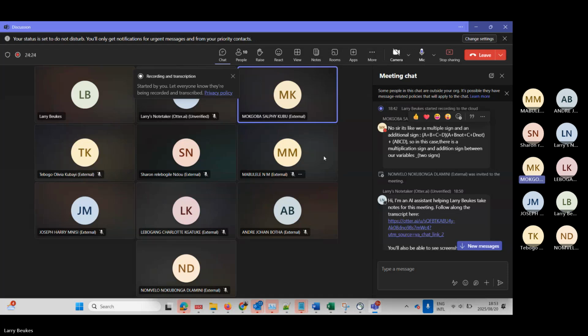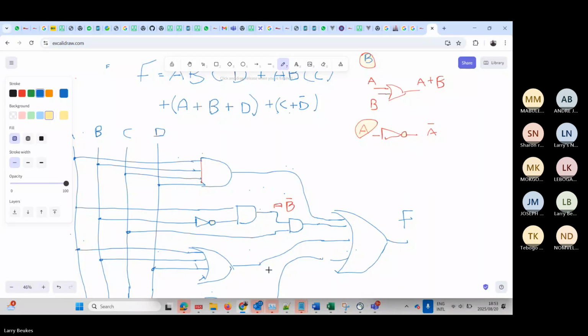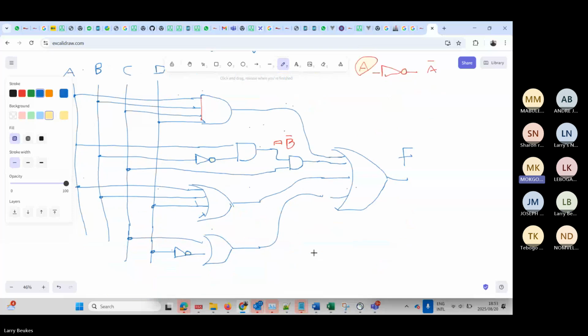Okay. Can we please go back to the example?